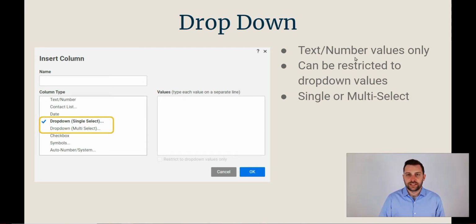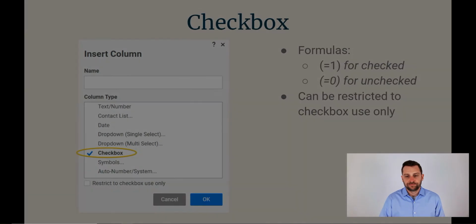Smartsheet doesn't care about your syntax, but do understand if you write a date, like say 3/12/22, that won't be looked at as a date in Smartsheet's formulas. Nonetheless, this can be restricted to just those drop-down values so that users cannot put anything else. And again, with single or multi-select, meaning you can check off multiple options or just a single.